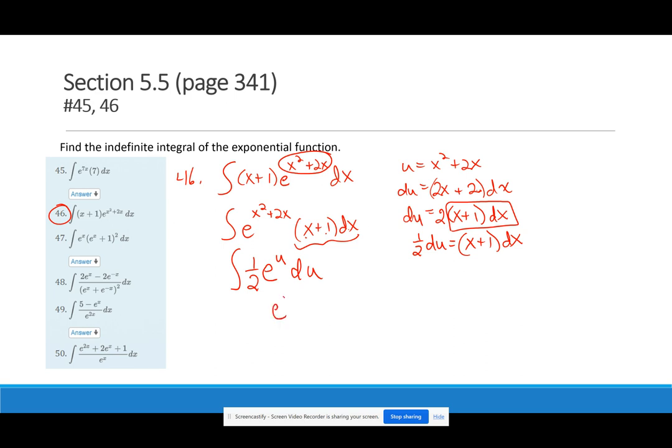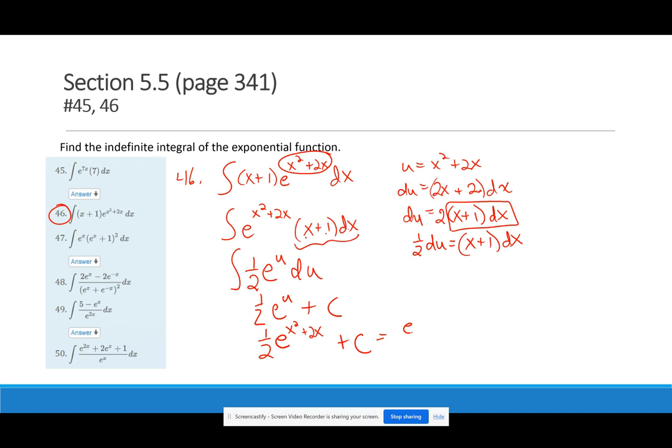It's just going to be an e to the u. Okay. Bring the constant along, add c, and replace the u, and make sure that you realize it's next to or on top. Replace the u with x squared plus 2x, and don't forget the plus c.